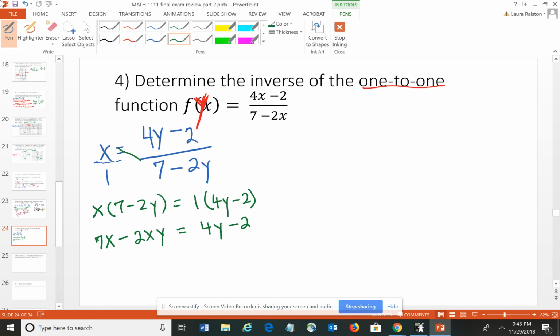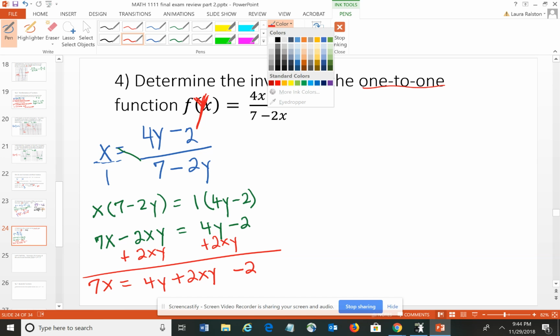And so then I notice I have some pieces that both of them have y's, and my goal is to ultimately solve for y. So I'm going to get all the y's together. So I'm going to add 2xy, add 2xy, so that I have 7x equals 4y plus 2xy minus 2.